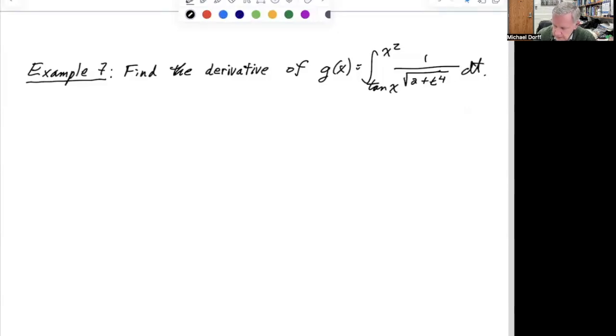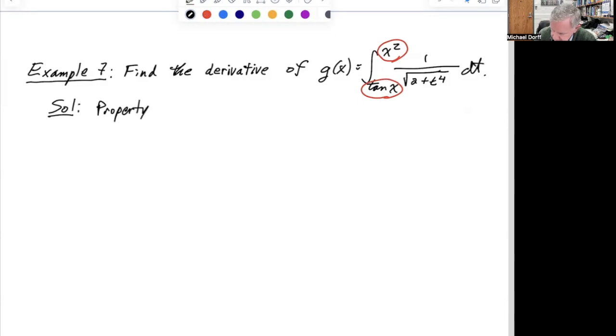So the thing to notice here is that I've got a tan x as a limit on the integral sign and an x squared. So I have no constant. So how can I insert constants into this? Well, we're going to use a property of integrals.